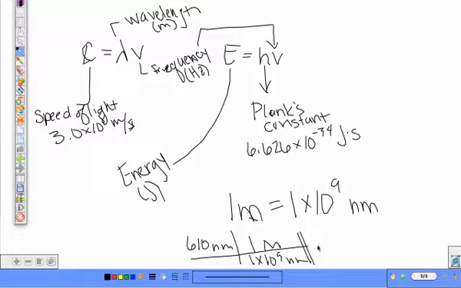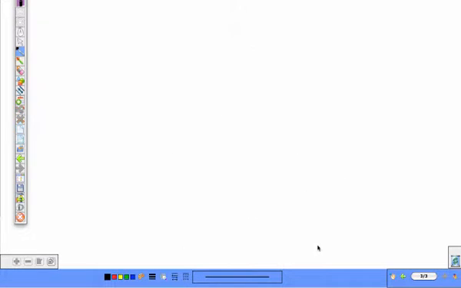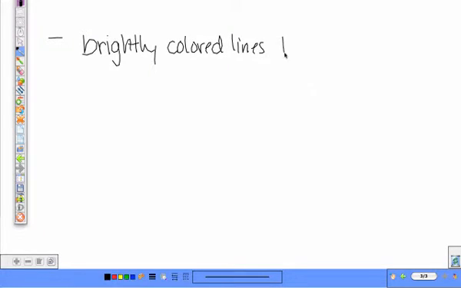Okay, the line emission spectrum. We have brightly colored lines that correspond to wavelengths.